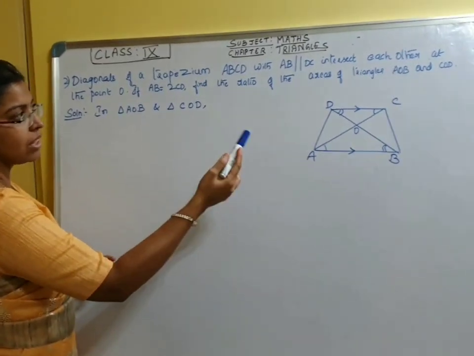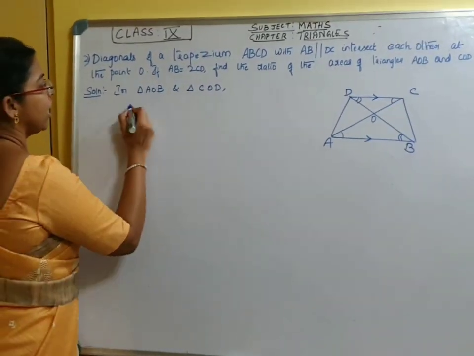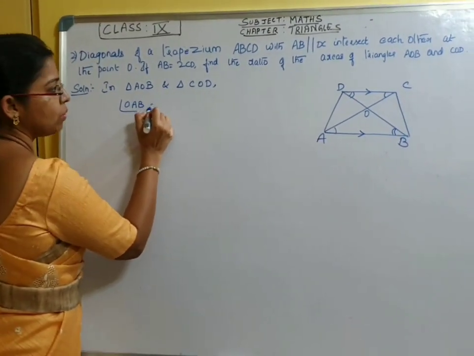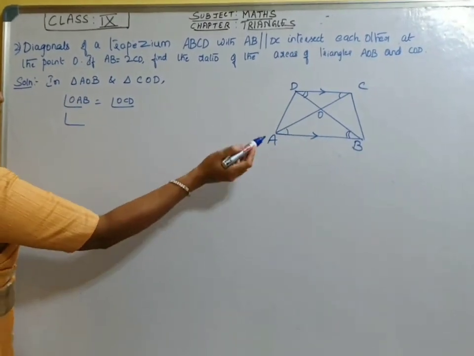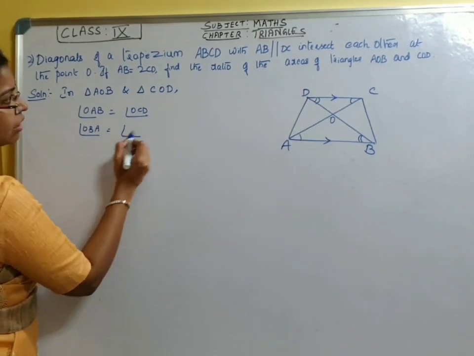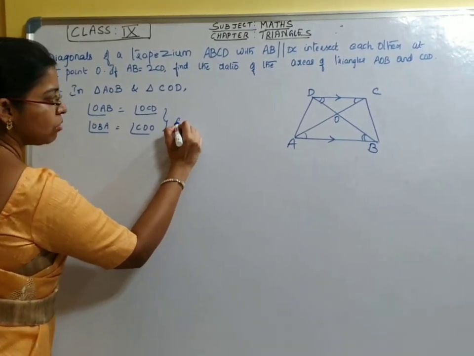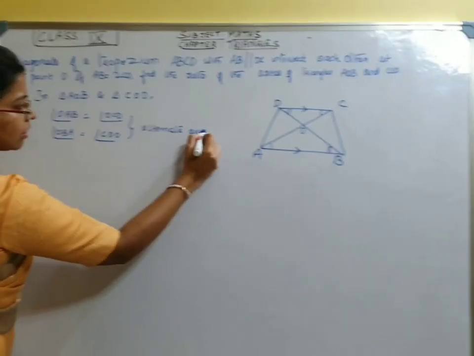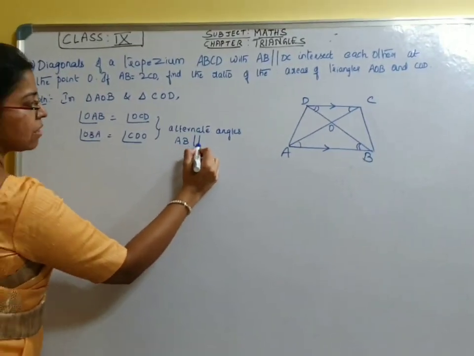AB is parallel to CD and DB acts like a transversal. Angle OAB is equal to angle OCD, angle OBA equal to angle CDO. Why? Because of alternate angles. And then we can also give the reason AB is parallel to CD.